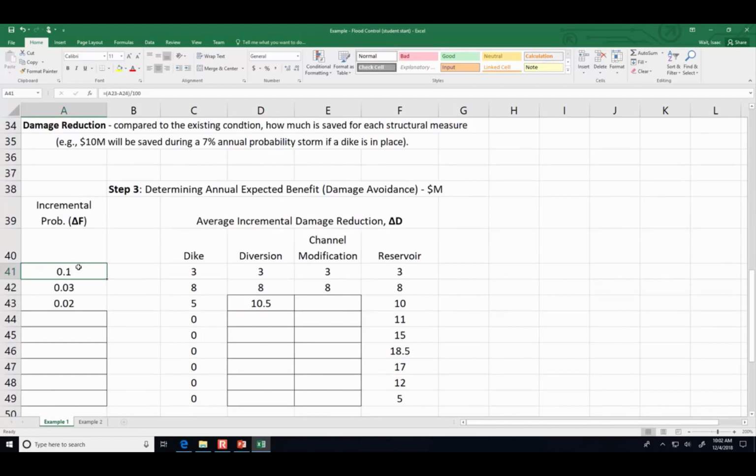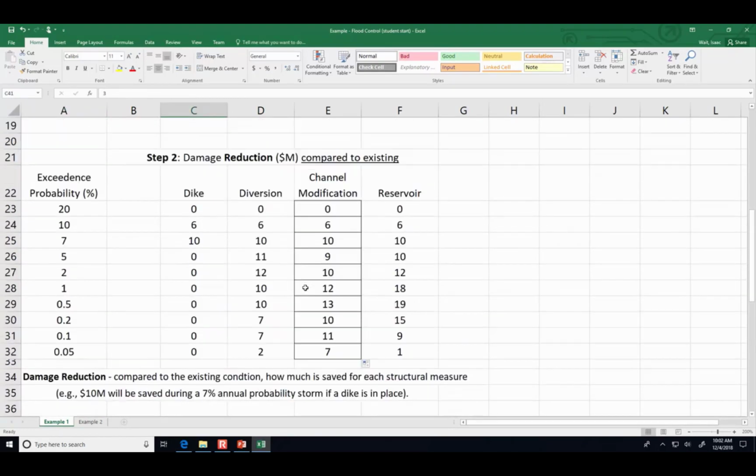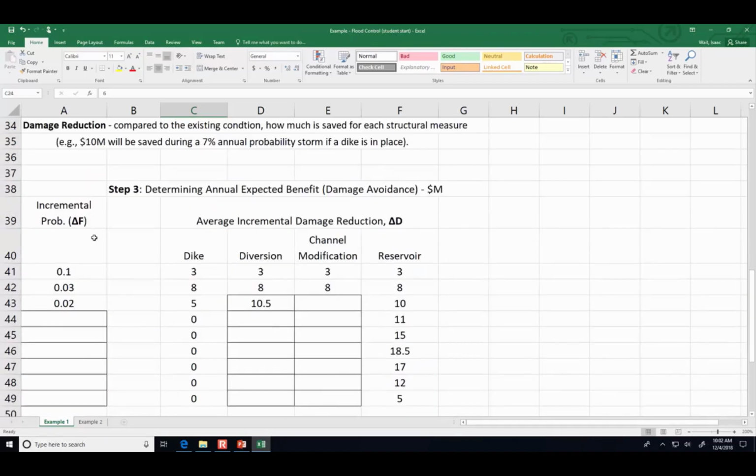And so the increment is 0.1, and then the average damage reduction that I have of 3 is the average of 0 damage reduction for the 20% storm, and $6 million of damage reduction if we build the dike and if we experience the 10% storm. And so the average of that increment is 3. We're just taking the simple average there. And the size of the increment here we can say is 0.1.